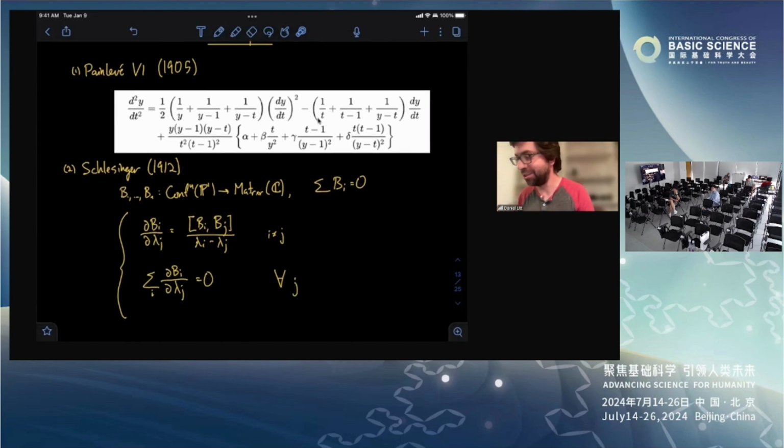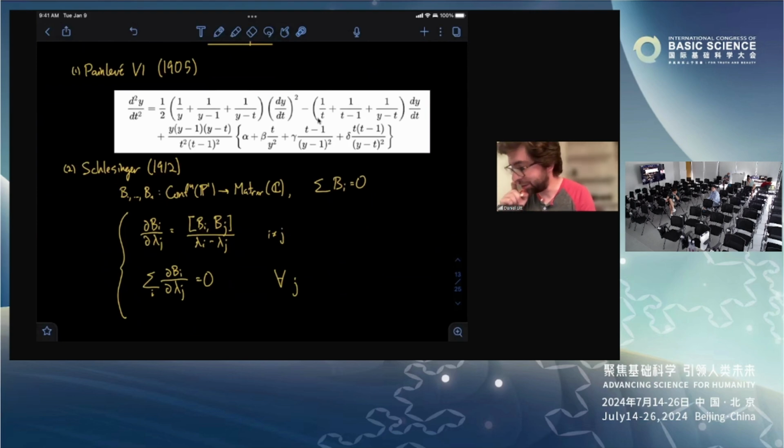This is the Schlesinger system, which was written by Schlesinger in 1912. And he more or less had what I'm going to describe to you in mind. So this subject of isomonodromy has an old history. You have n matrix valued functions of n points in CP1, B_1 through B_n, and they have the property that they sum to zero.